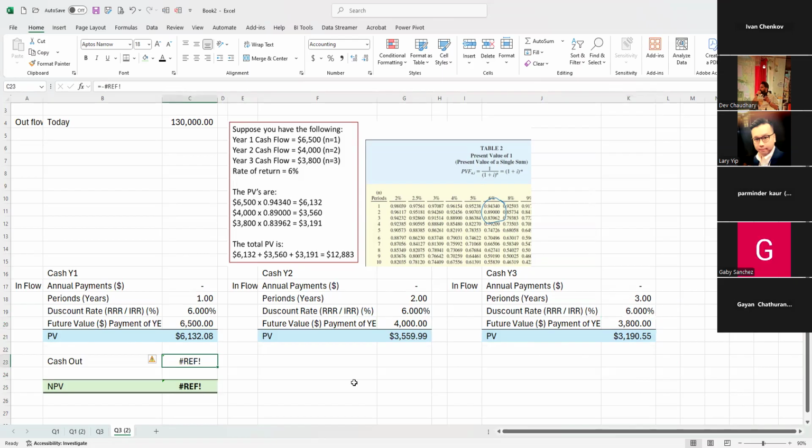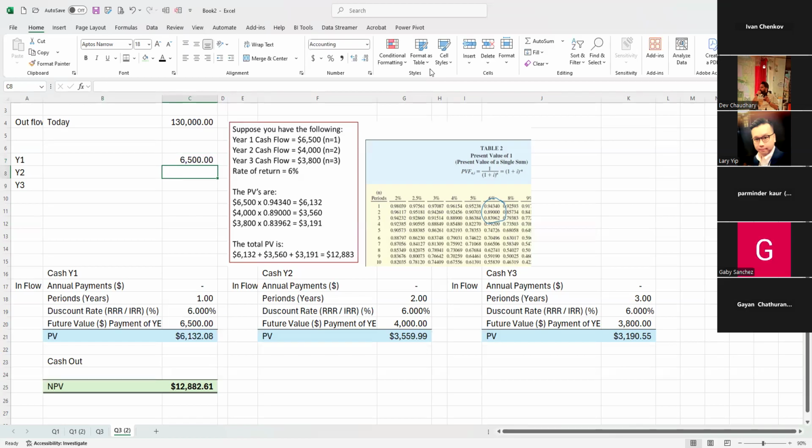So in this case, I don't know how much my initial investment is, probably that's different, but the total amount of my inflows will be the cash that I'm getting the first year, the second year, plus the cash that I'm getting the third year. In the first year, I'm receiving 6,500.